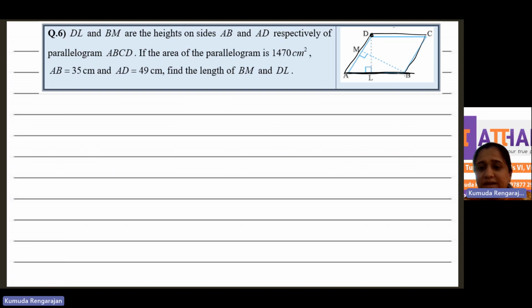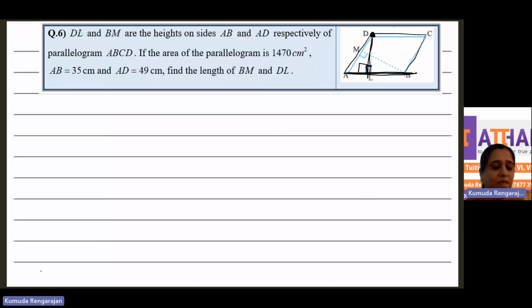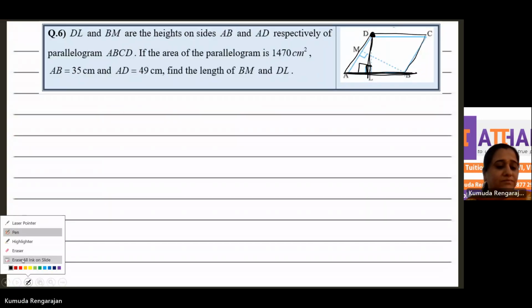From this vertex D, you can see DL. It's landing on the side AB and it's perpendicular to the side AB. That means DL is the altitude on AB.